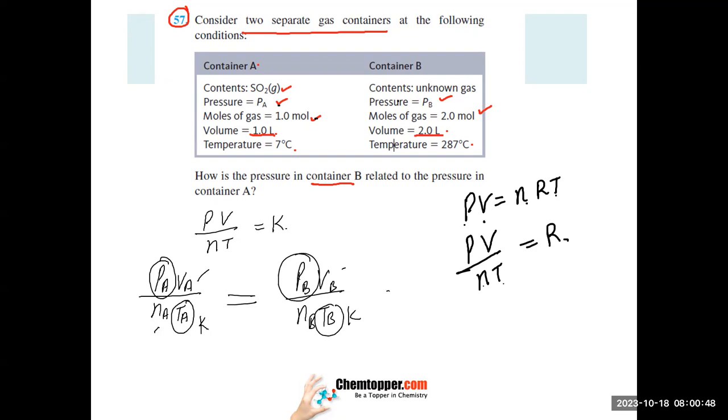But Arjun, volume is doubled, moles are doubled, but temperature is also changing. So everything is changing, and that's the reason you cannot predict. So you have to use this equation and then see the relation between PA and PB, right?